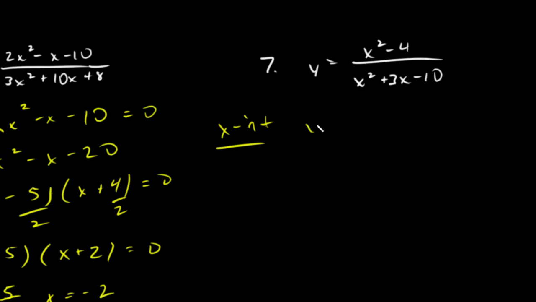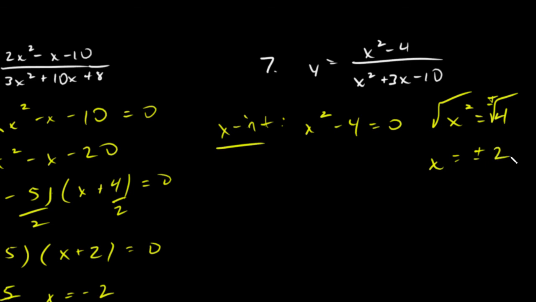Last one, oh my gosh. x squared minus 4 equals 0. Add 4. Square root, remember plus or minus. So you get (2, 0) and (negative 2, 0). Then you've got your y-intercept, which I will use this color.